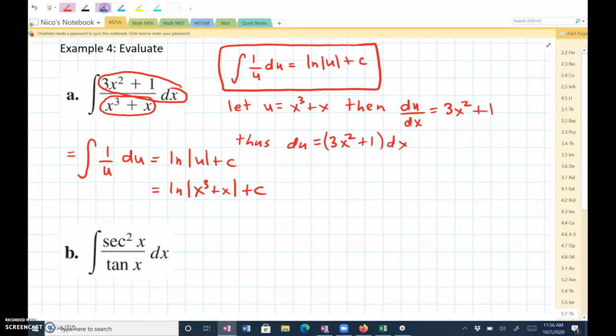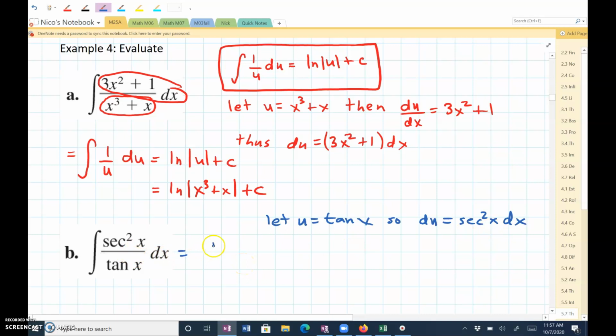Let's look at B. For B, let u equal tangent of x. So we have the integral of secant squared x over tangent x dx. So the derivative of u, the derivative of tangent of x is secant squared x. And I'm just going to move the dx to the other side.